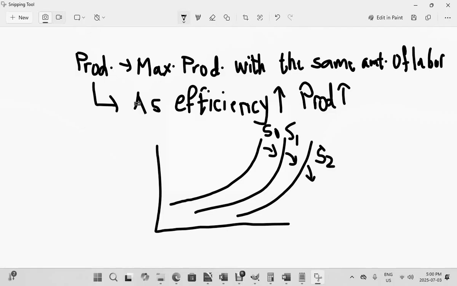All right, so when we talk about productivity, you also have your long range average supply curve. And this is the potential GDP within a country. And this has to do with your productivity as well. Suppose this is your long range average supply curve, LRAS. And we know that the short range average supply curve at some point will meet your long range average supply curve.